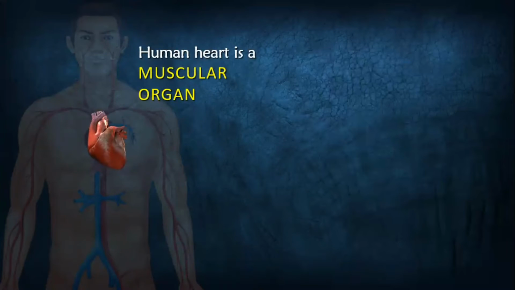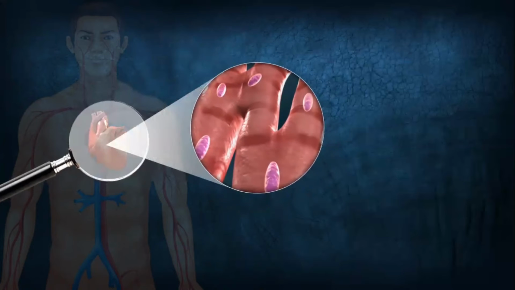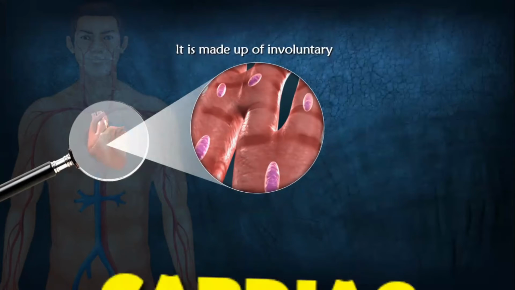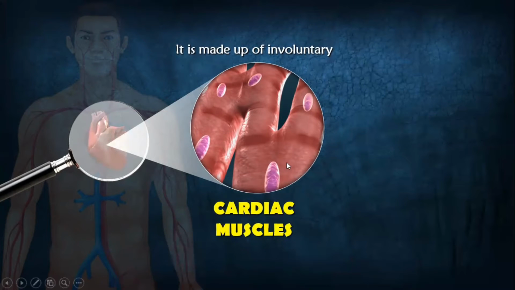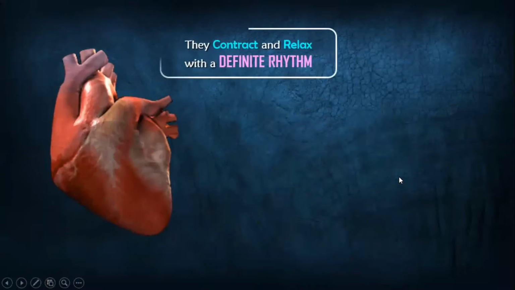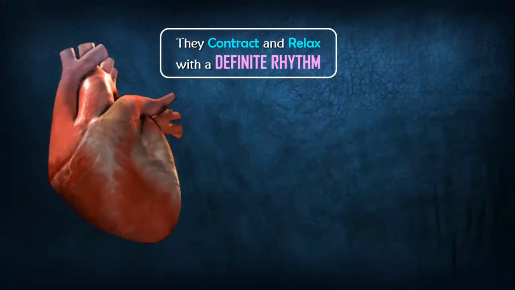See how the heart is pumping. The human heart is nothing but a muscular organ. Involuntary cardiac muscles are present in the human heart. They contract and relax with a definite rhythm.